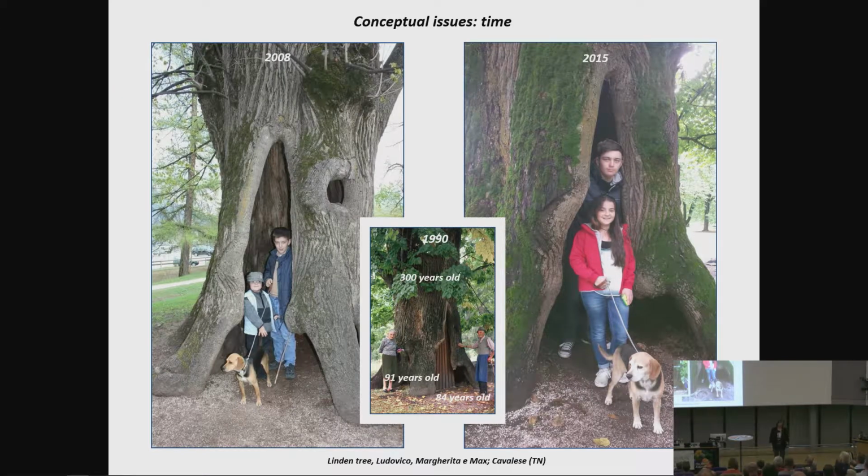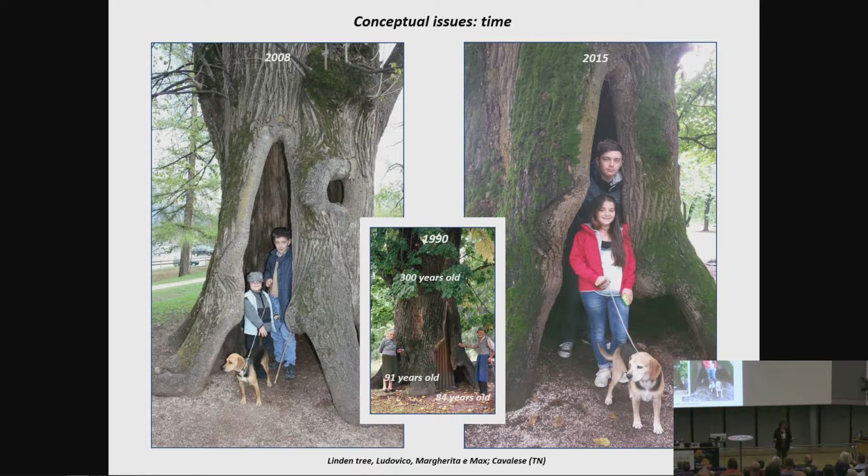In this slide, you see a lime tree in the middle. You have 2 old people in 1990. And then the same tree in 2008 with 2 children and a dog. And then in 2015, the children became teenagers. The dog was a little bit older and whiter.